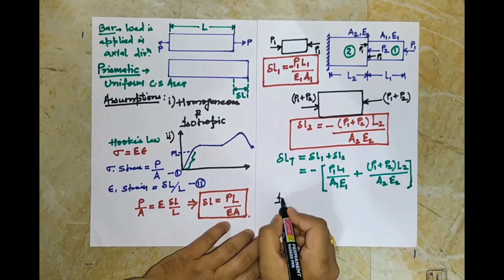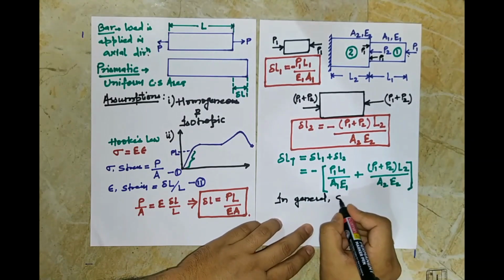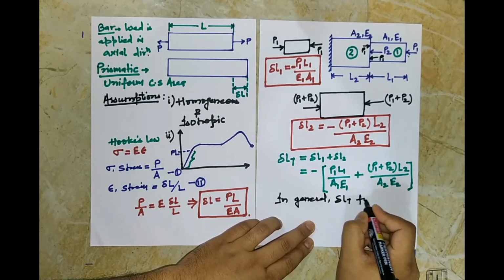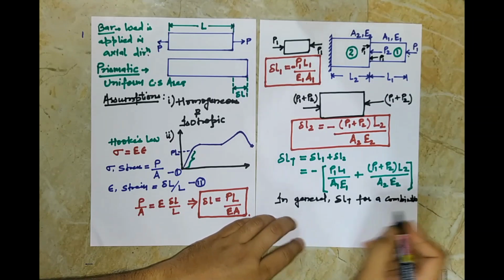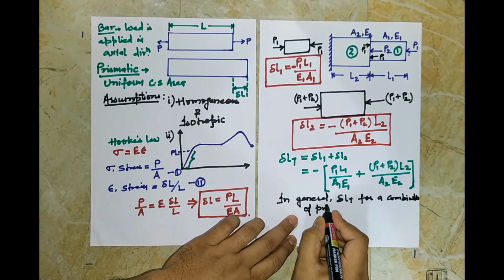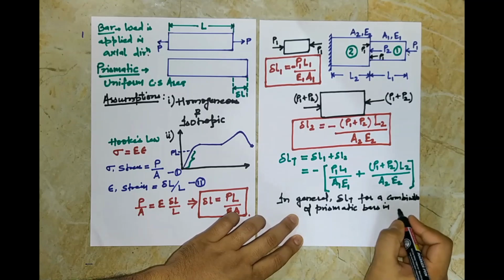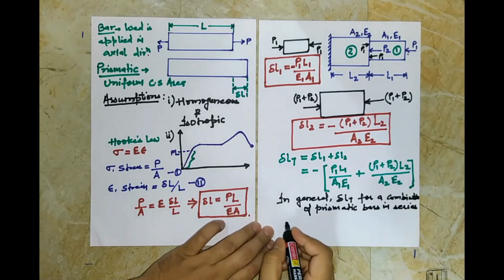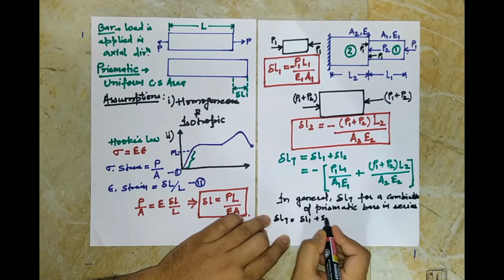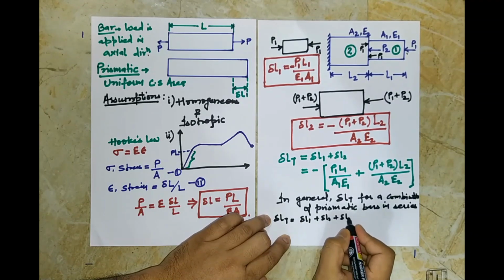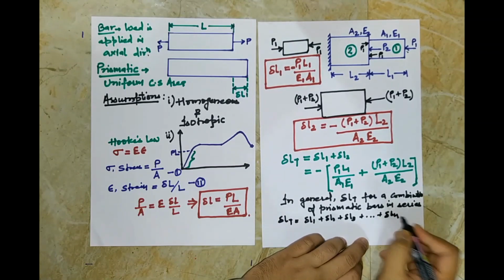So in general, del L total for a combination of prismatic bars in series will be equal to del L1 plus del L2 plus del L3 plus dot dot dot del Ln. We can generalize like this.